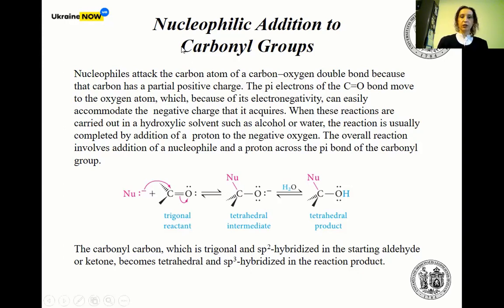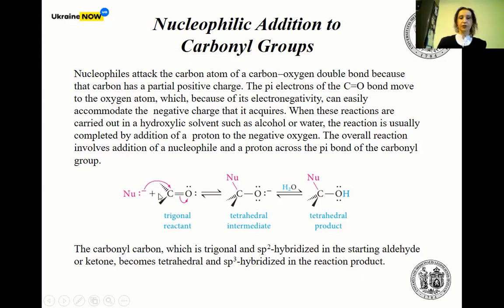First of all, nucleophilic addition is a very important group of reactions. Nucleophiles are particles that have negative charge or partial negative charge, or high electron density in some places of the molecule, or an unpaired electron pair. The place where the nucleophile can attack the carbonyl group is the place where we have partial positive charge.